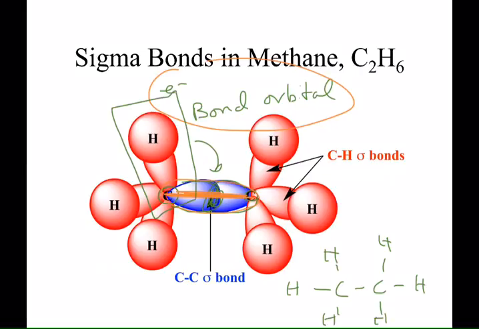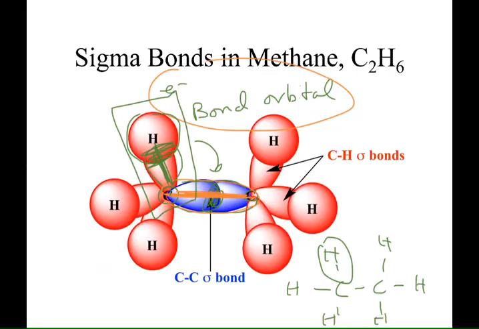This is the atomic orbital of the carbon atom, this is the atomic orbital of the hydrogen atom, and you can see the overlap. That's the bond orbital, and that also is a sigma bond, connecting the nuclei of the two atoms.